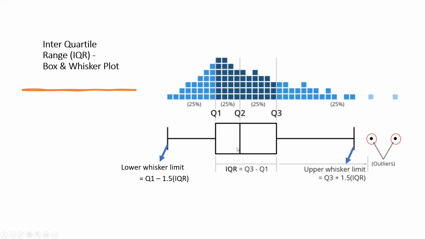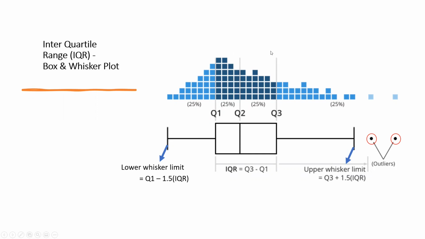For example, the center line that we see here corresponds to the median of the distribution. What that means is, below this line there is 50% of data, above this line there is 50% of the data. So that is the median.